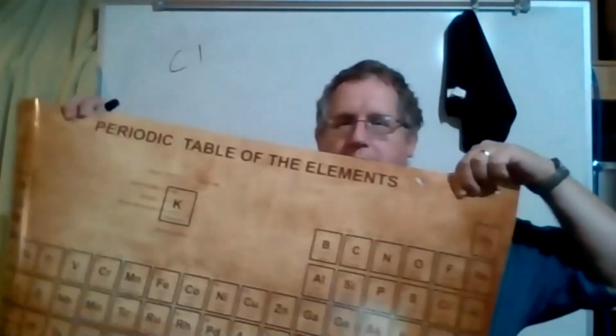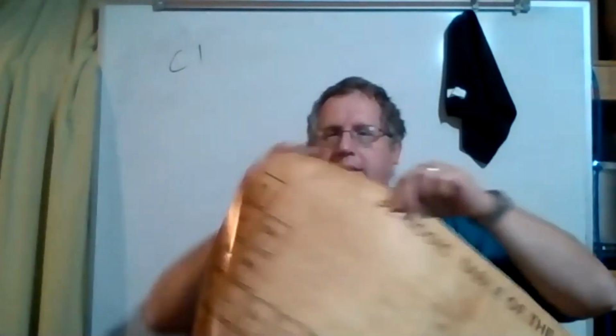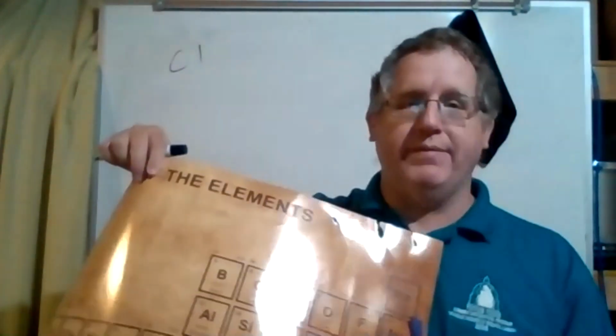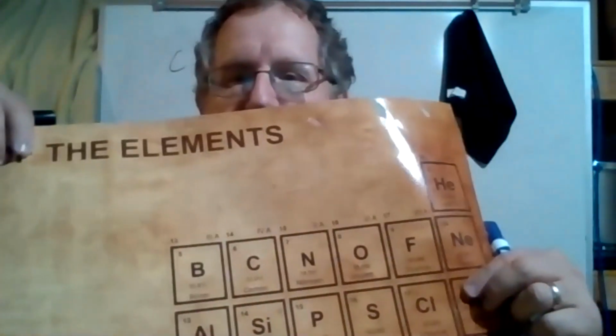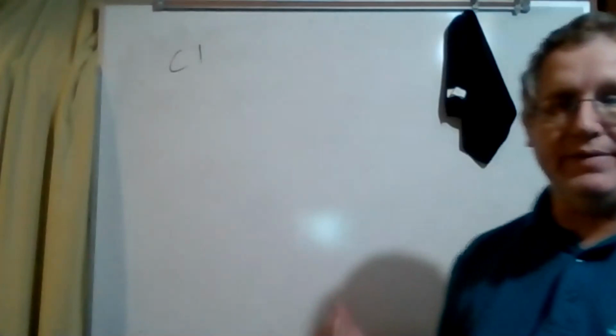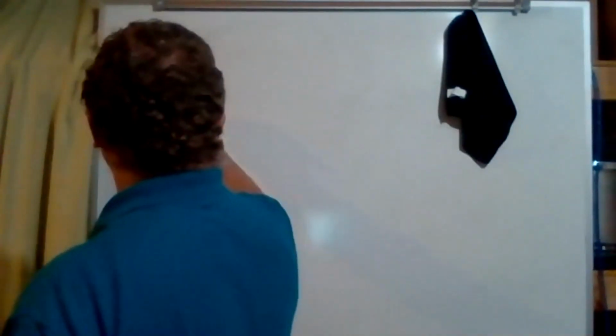But if we take a look, we will see that chlorine, right down here on the right side, has 17 electrons. So the atomic number that we see there is easy enough to see, and since it's a neutral atom, the atomic number equals the number of electrons. So to get to 17 electrons, I need to start out with the 1s, and I'm going to have 2 electrons there.